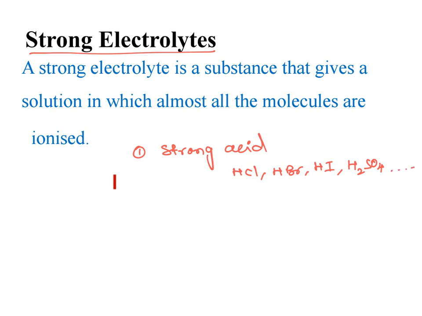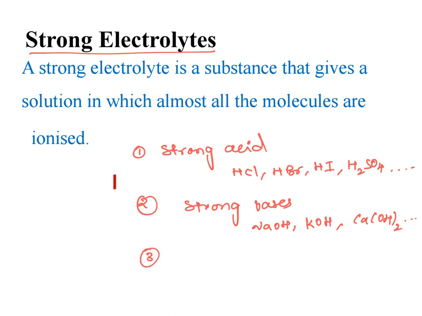All strong acids are strong electrolytes. All strong bases are strong electrolytes, like NaOH, KOH, calcium hydroxide, magnesium hydroxide. These all strong bases are strong electrolytes.